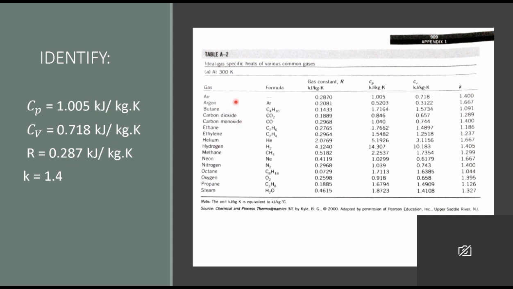The gas constant, or R, is 0.2870 kilojoules per kilogram Kelvin, its Cp is 1.005 kilojoules per kilogram Kelvin, its Cv is 0.718 kilojoules per kilogram Kelvin, and its k is 1.4.